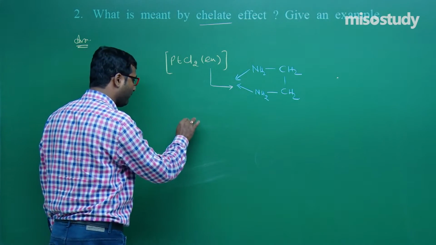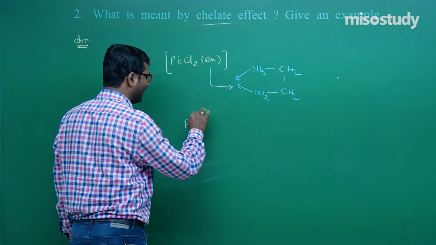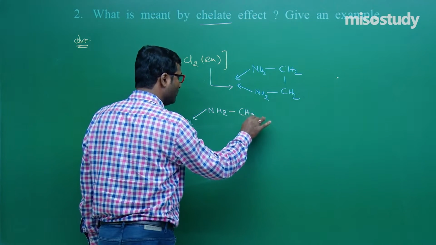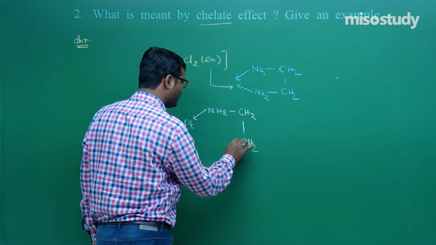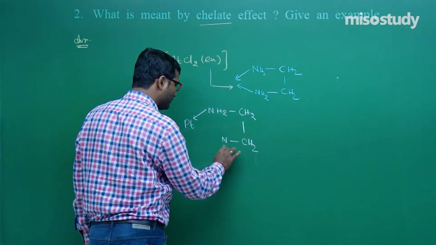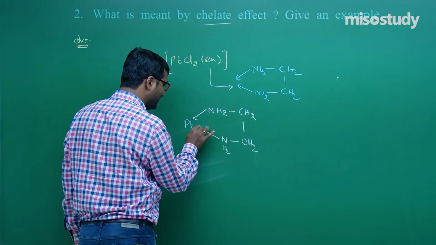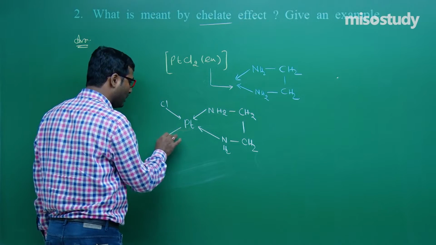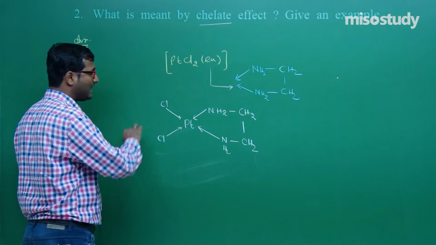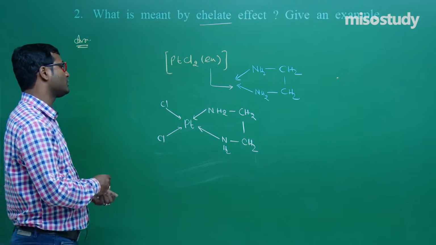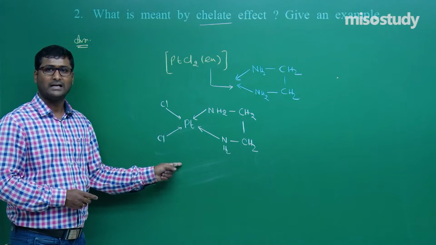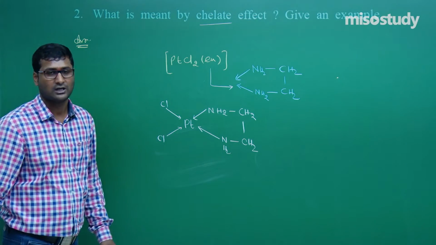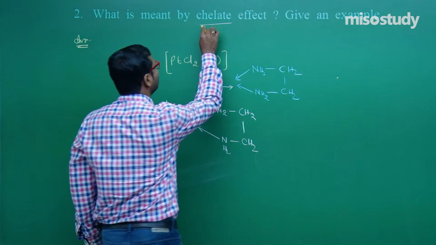Now it will form the ring structure, NH2, CH2, and here is CH2, then NH2, and here are Cl and Cl. The greater the tendency for formation of rings around the metal atom, the greater the stability of the coordination compound, and this effect is known as chelating effect.